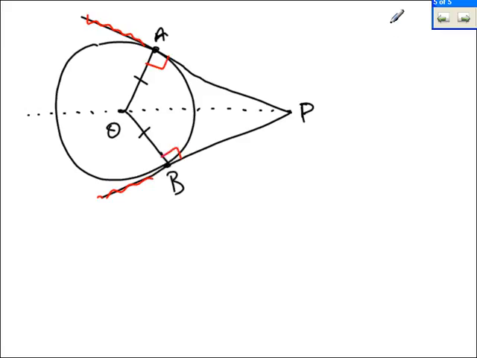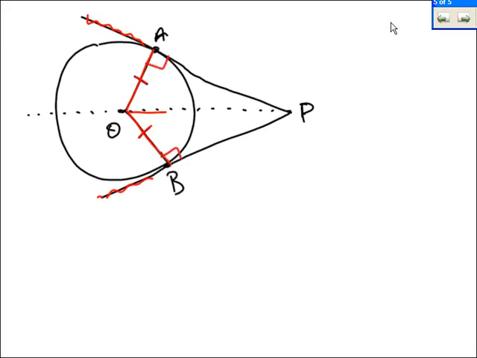AP is tangent to the circle, so when you draw a radius, it meets at a right angle. And OB is also a radius. It meets PB at a right angle because BP is a tangent line to the circle. So these two are equal.